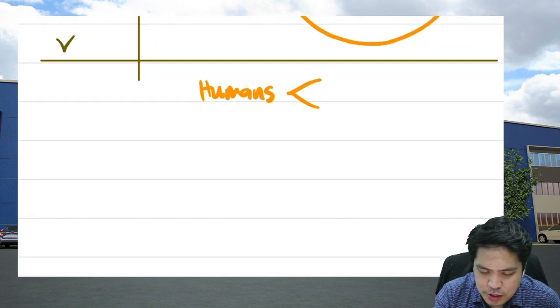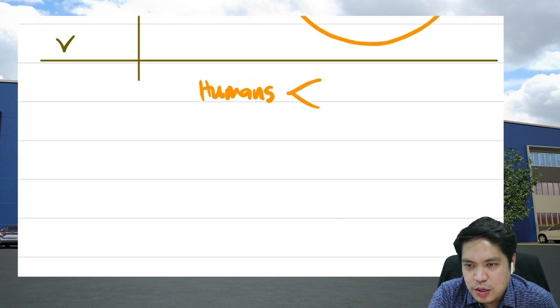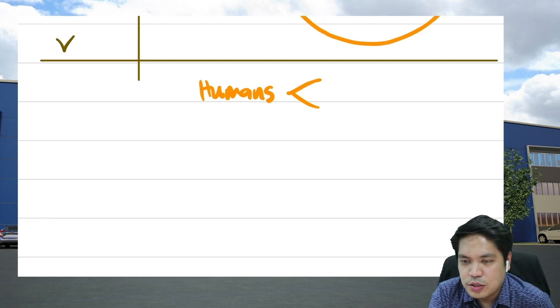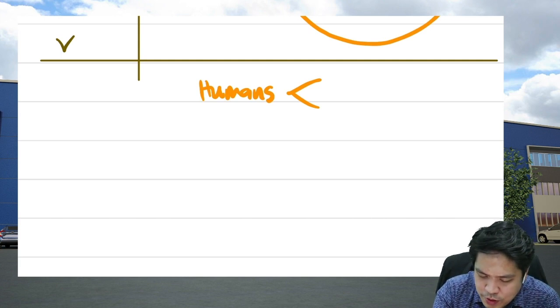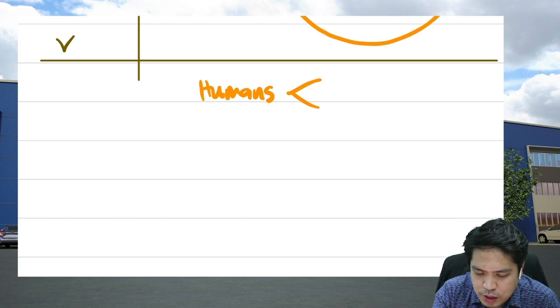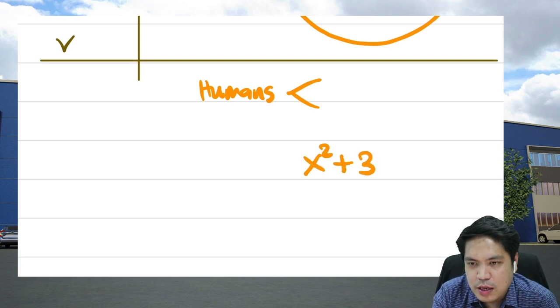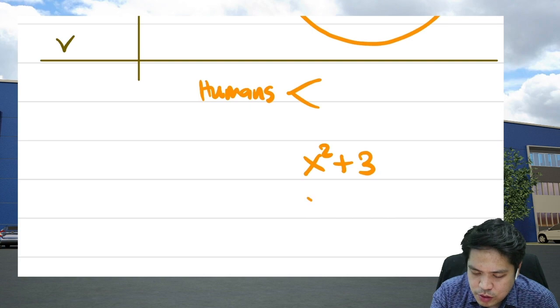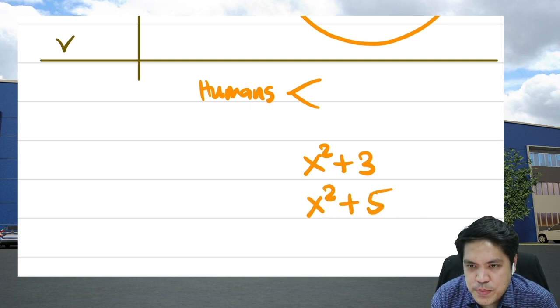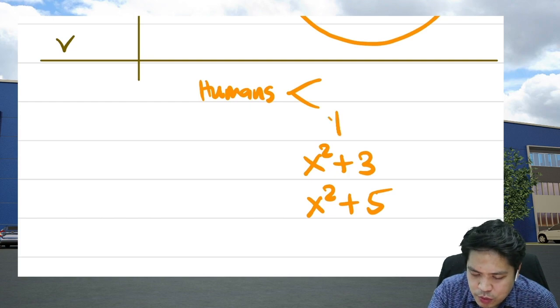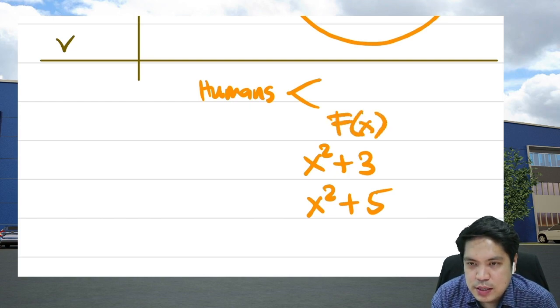So what I mean is this. Not all differential equations, when we integrate them, result in the same function. Suppose we have x squared plus 3, and we also have x squared plus 5. These are now our functions of x.